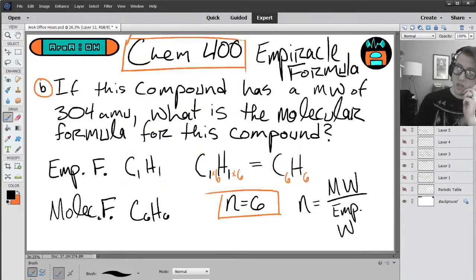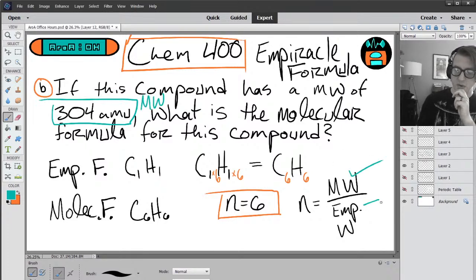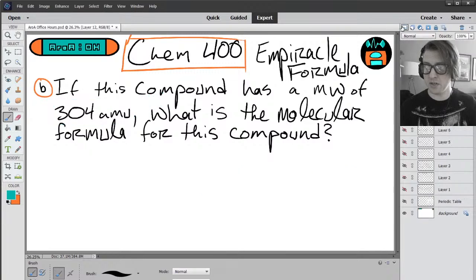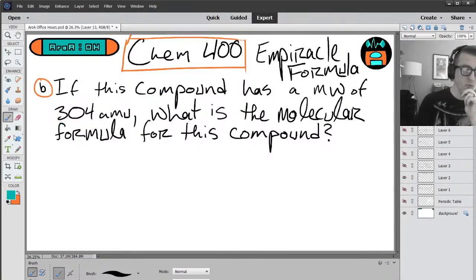So you'll notice that in this problem, we have right here the molecular weight. So we know what this is. We need to calculate the empirical weight for our chromium oxide in order to find this scalar factor. So that's what we're going to do here. We know, because we've been told, that our empirical formula is Cr2O3.